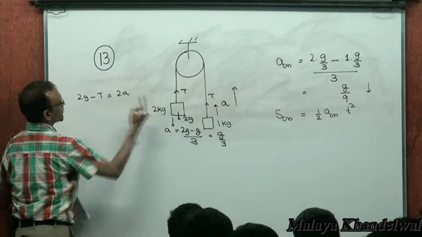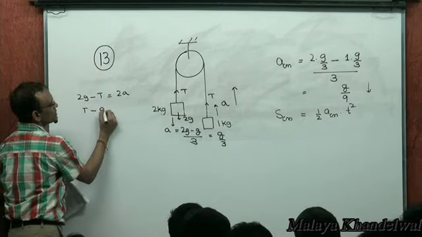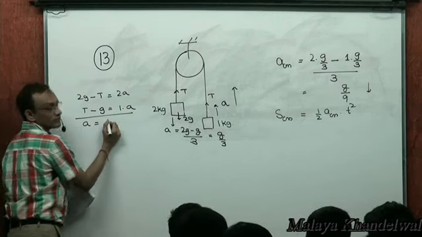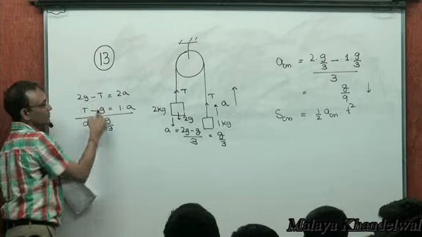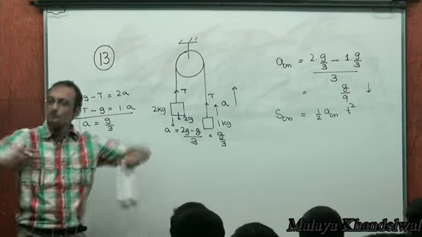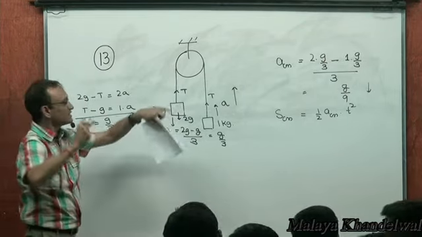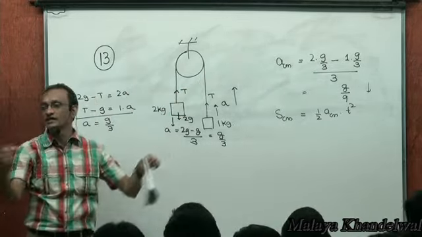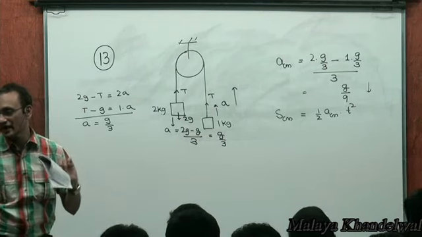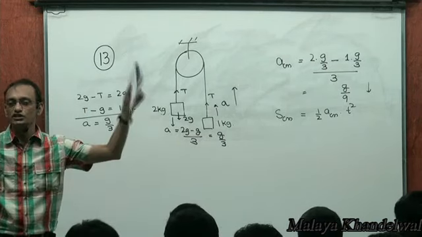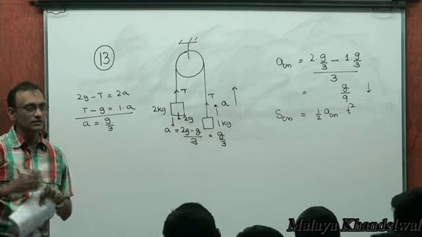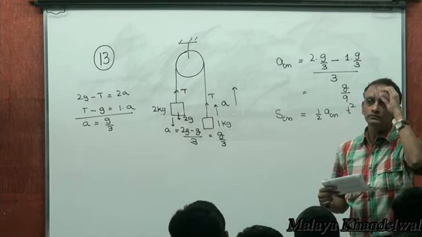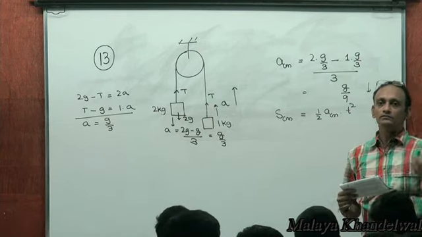And then this one would be T minus mg is 1 into A. If you add the two, then A is... but what I said was straighten it up. This has a 2g acting this way, that has a g acting that way. 2g minus g is the net force divided by the total mass. That's the acceleration of the system. Just mentally imagine it to be straightened like I did earlier, right? Sounds fair?